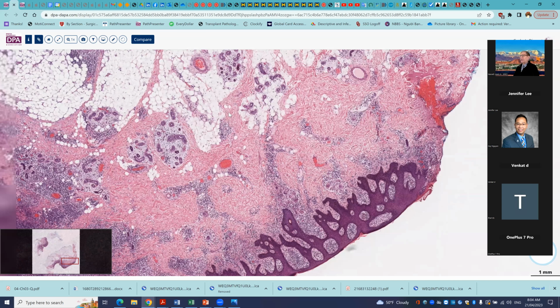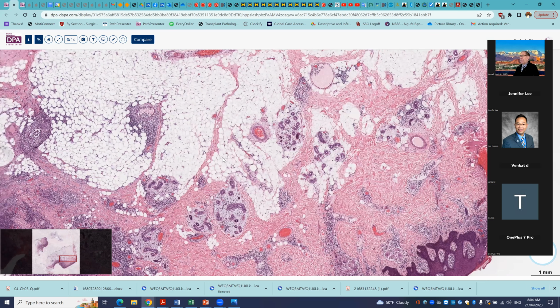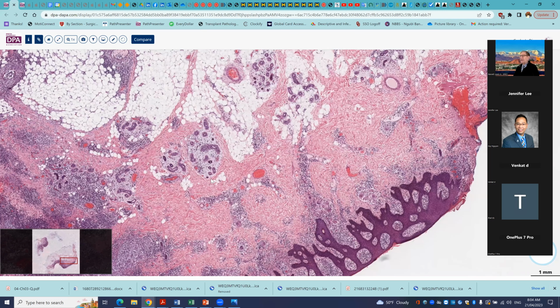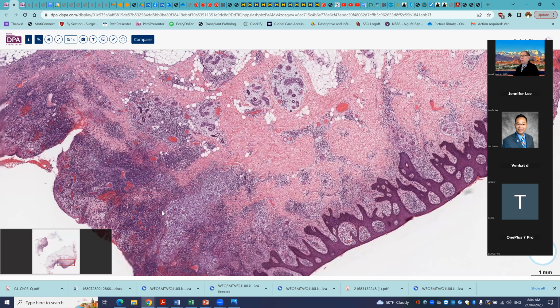First of all, on the basis of the pattern of the inflammation. So this inflammation is really identical to what the patient had in the perianal tissues, which were ulceration, granulation tissues, some fissuring formation, and this variable giant cell and myxoid response. And the distribution of the disease.